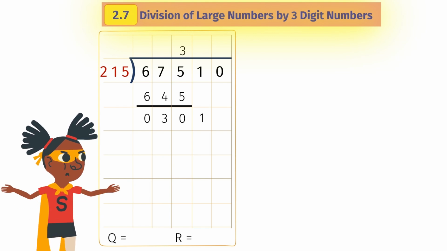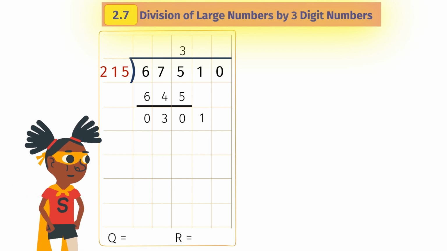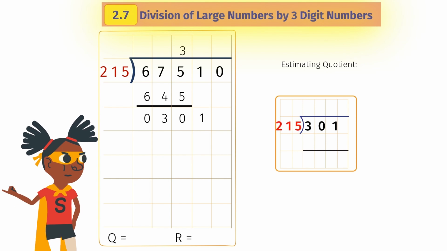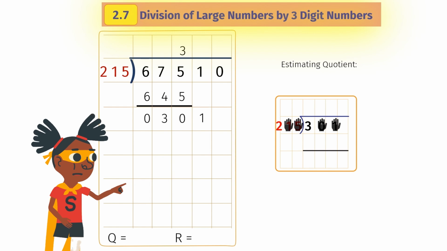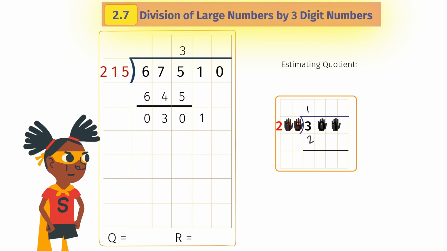Now we have to divide 301 by 215. We follow the same process. We hide the last 2 digits of both dividend and divisor, or 301 and 215, to get 3 divided by 2. Dividing, our estimate is 1.